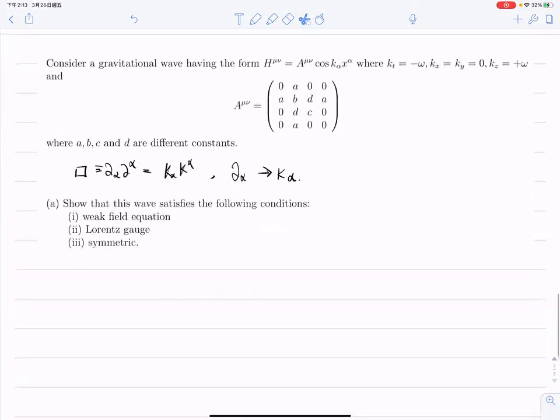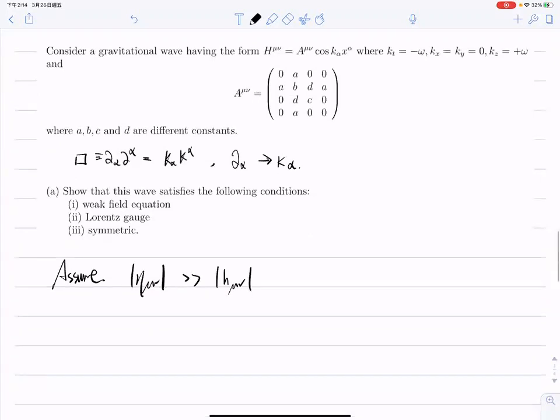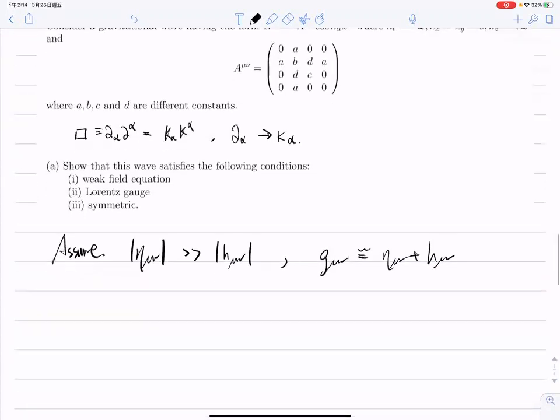For the first part, we have assumed the amplitude of the Minkowski metric eta mu nu is much larger than h, and for the weak field perturbation we have g mu nu approximately equal to eta mu nu plus h mu nu, just the perturbation theory you have learned.